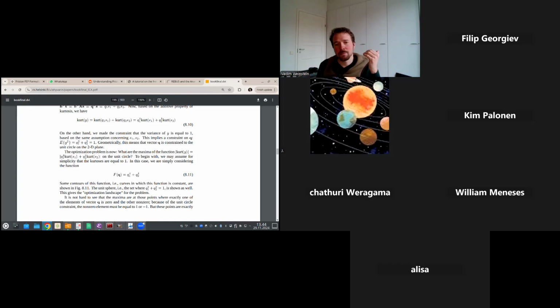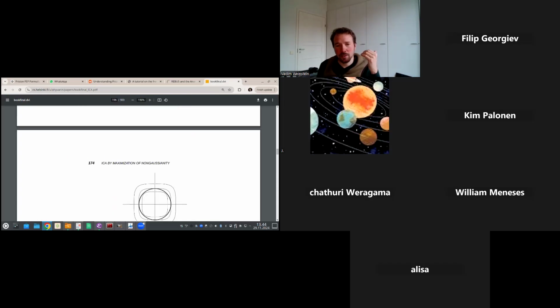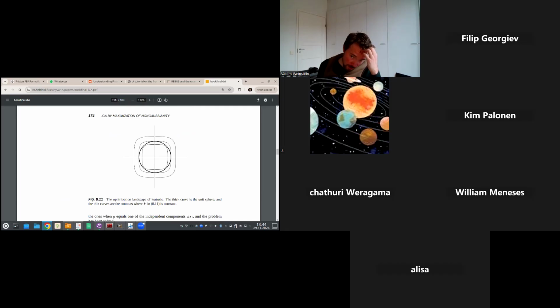Then you can geometrically draw these level sets, and they look like this. If you take Q1 squared plus Q2 squared, you get a circle. Q1 to the power 4 plus Q2 to the power 4, then you get this. And as you can see, you get only 4 points where it's maximized.